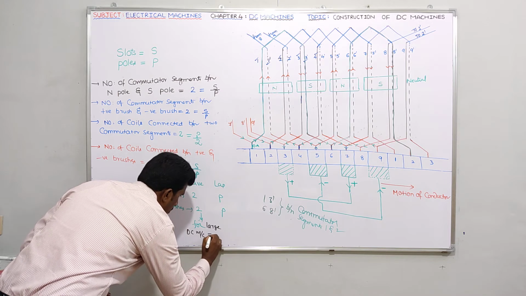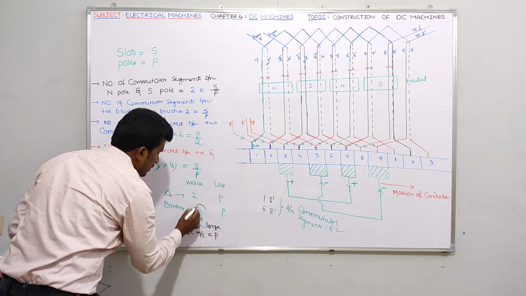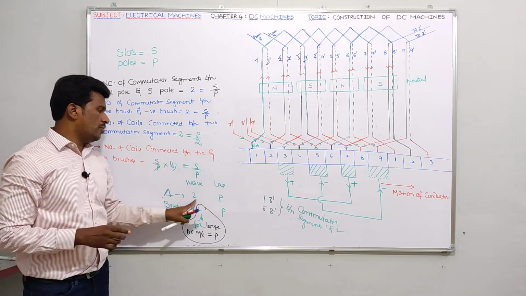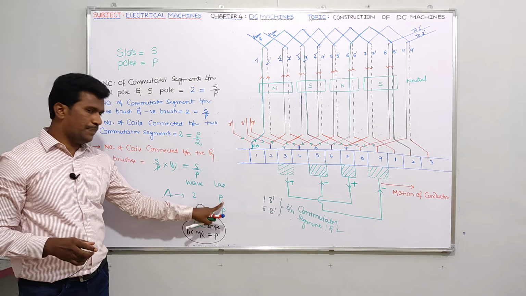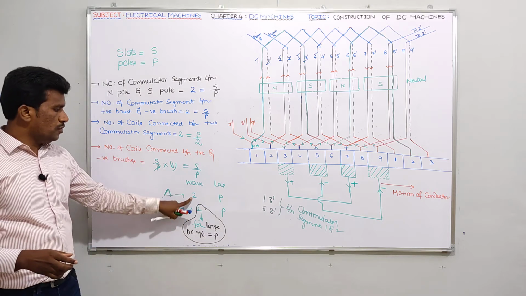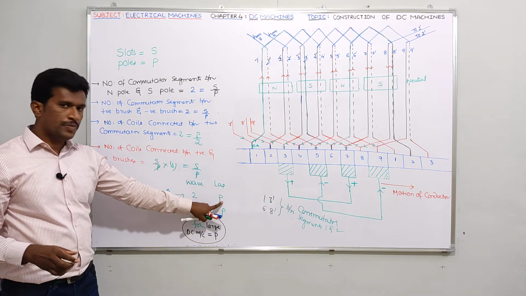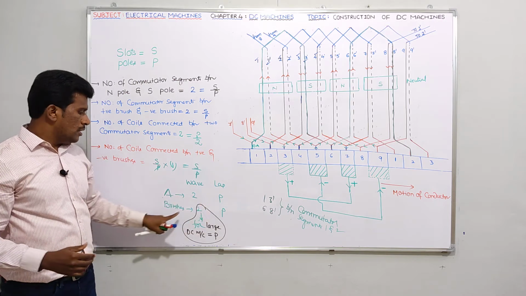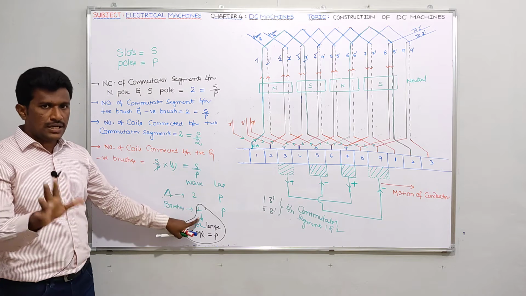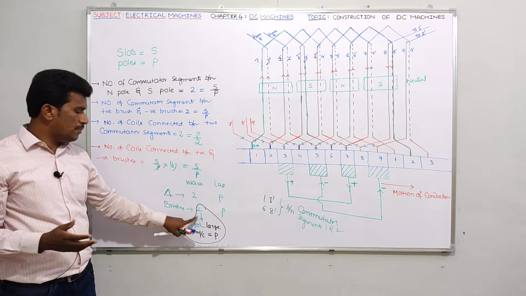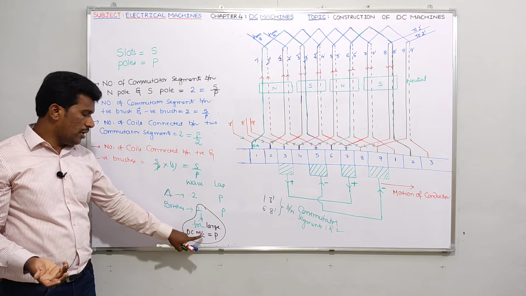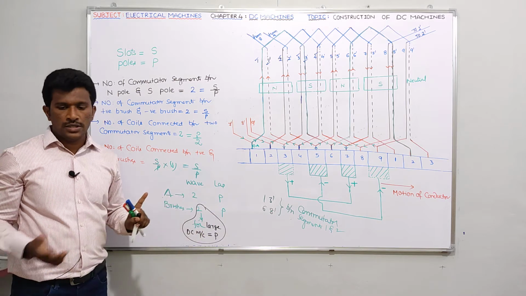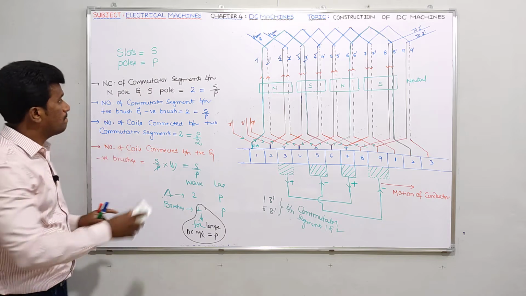Number of parallel paths for wave winding is 2, for lap winding it is P. Suppose poles are 4, then the number of parallel paths becomes 4. Brushes equal 2 for wave winding generally; for a large DC machine, brushes may be equal to the number of poles, and for lap winding the number of brushes equals the number of poles. Okay guys, please note this down.